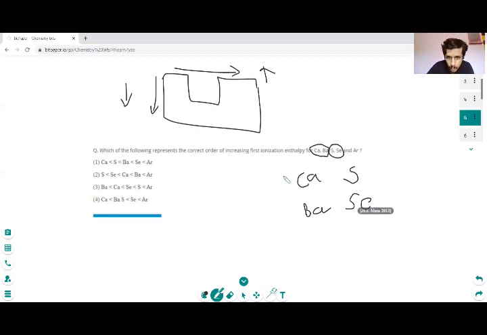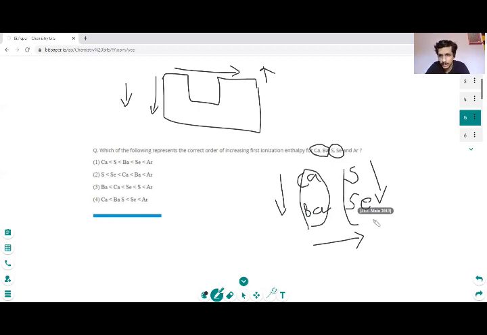So calcium and barium of course have lower ionization enthalpy compared to sulfur and selenium, because we are going from left to right. This side has the lower, and this side has the higher. But when you come down the group, calcium has higher ionization enthalpy compared to barium, and sulfur has higher ionization enthalpy compared to selenium, because down the group ionization enthalpy decreases.